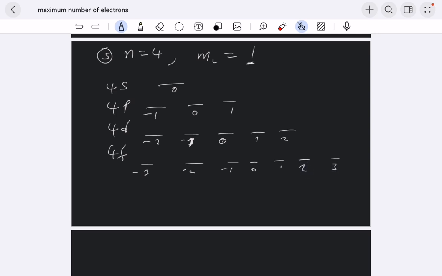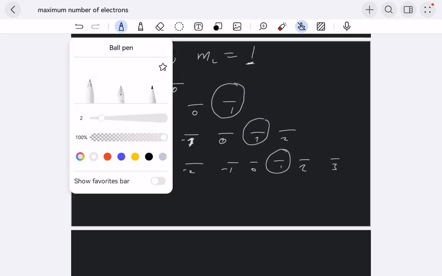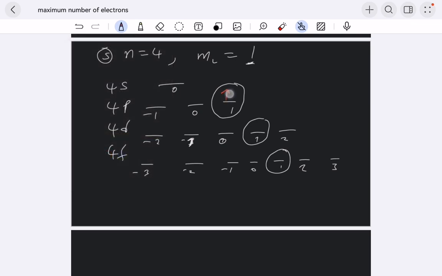Here we are only limited to those ones with +1. So when we put the number of electrons in there, we'll notice that the maximum number of electrons that can satisfy that condition are just 6 electrons.